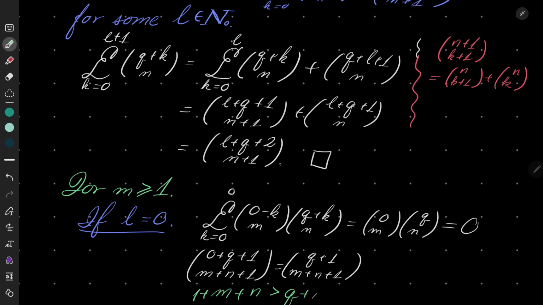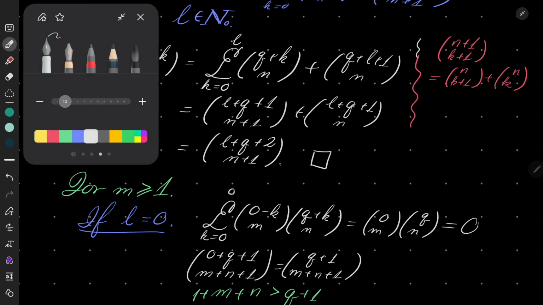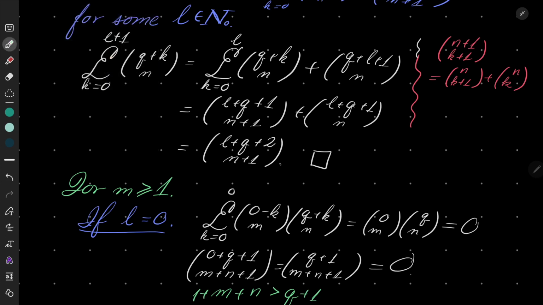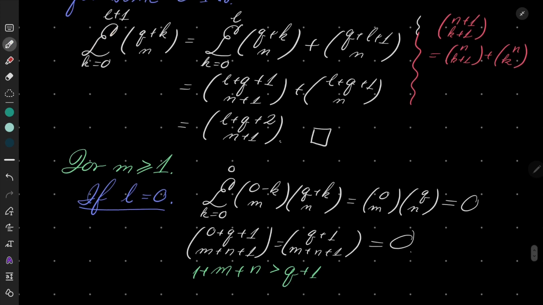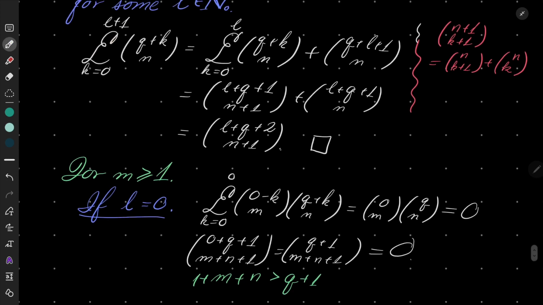And after adding 1 to both sides, we see that the upper index is less than the lower index. So this entire symbol is 0 as well. So we know that our theorem is true for L equals 0.